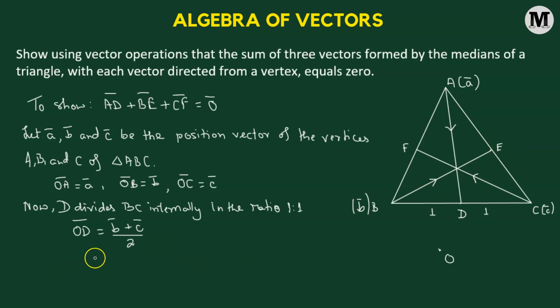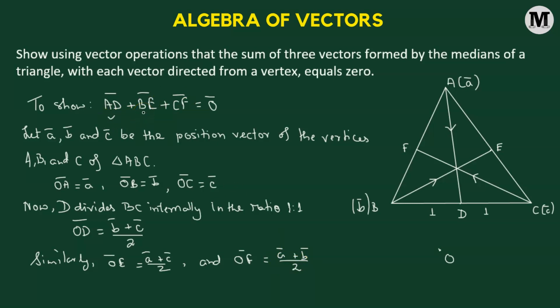So the OE vector is defined by A vector added to C vector divided by 2. And the position vector of the point F is going to be A vector plus B vector whole divided by 2.